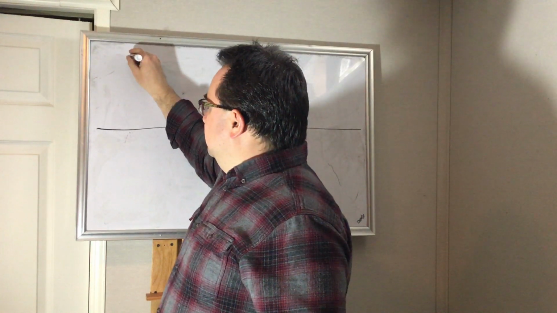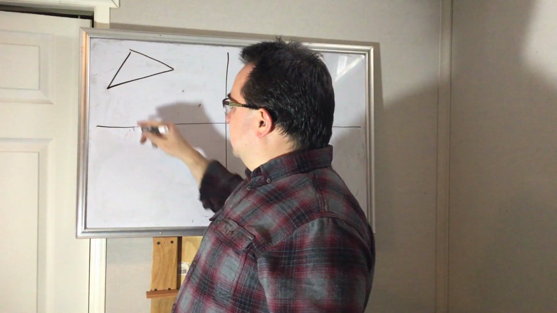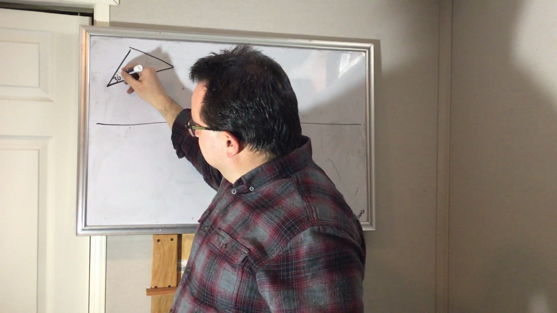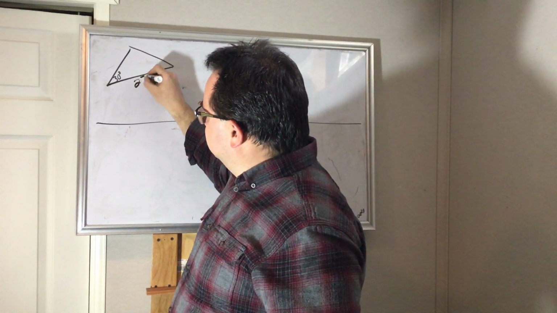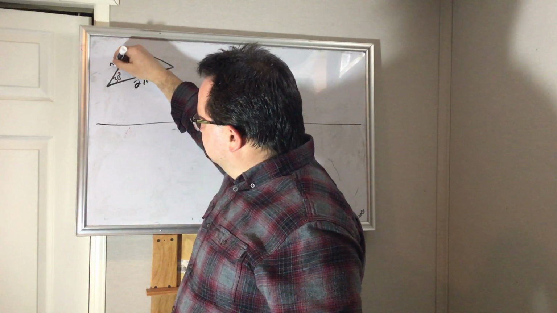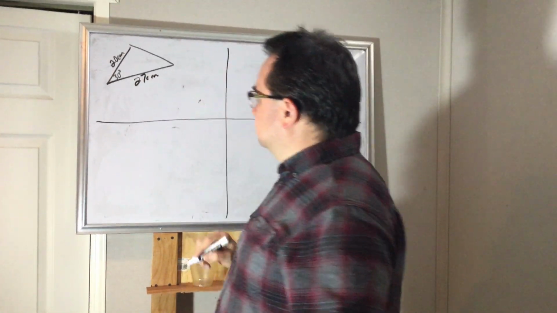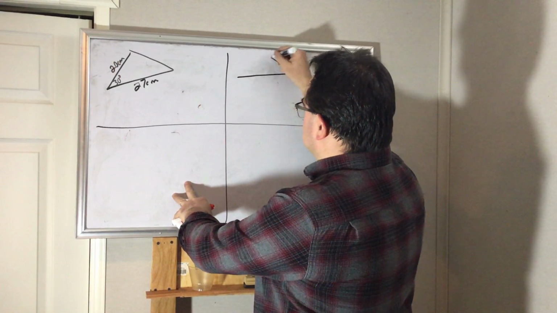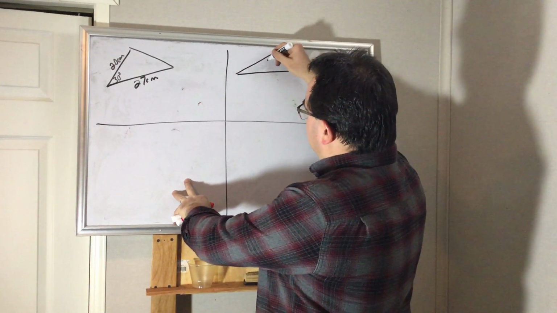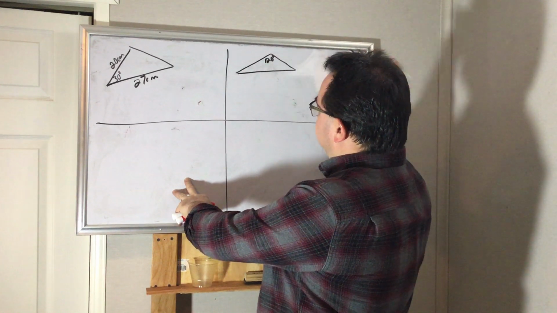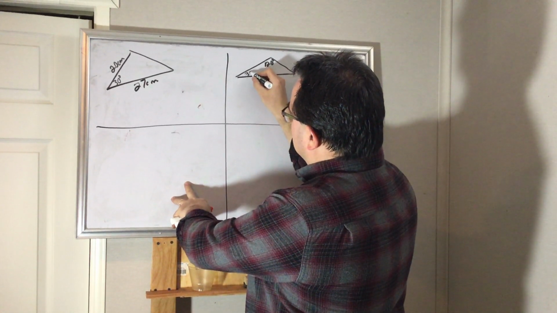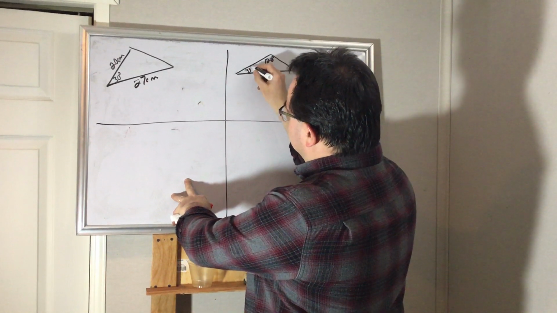So let's say we start out with a picture, and you know that this is 30 degrees, and this is 27 centimeters, and this is 20 centimeters. All right, let's start out with another picture that looks like this. And this is 120 degrees. And this one is 35 degrees.